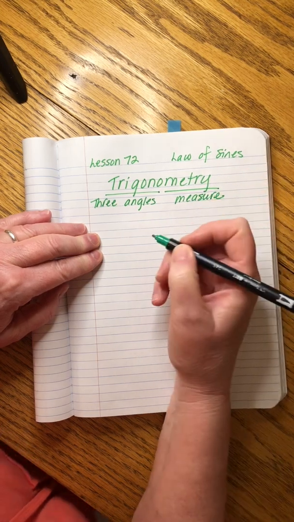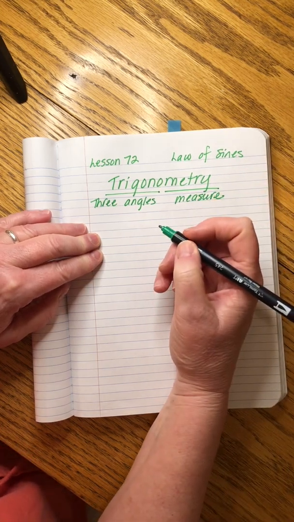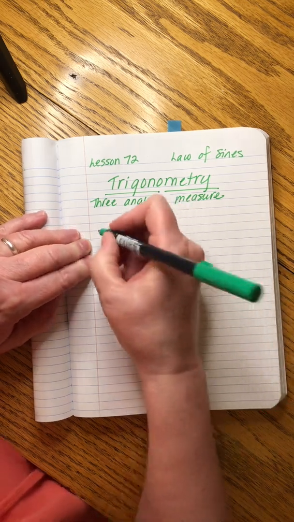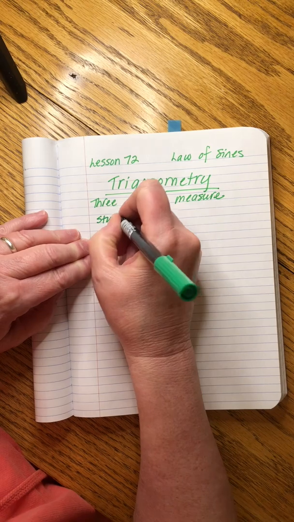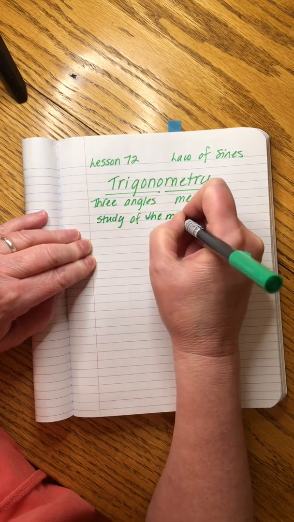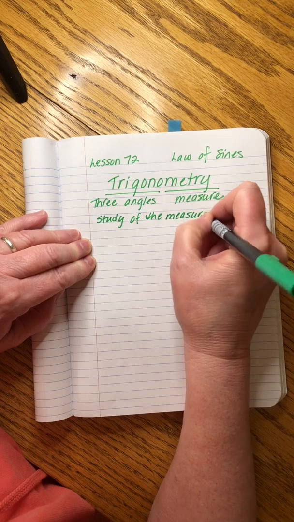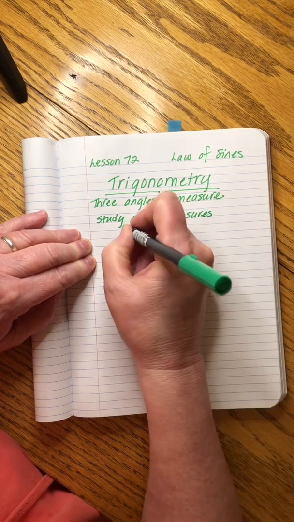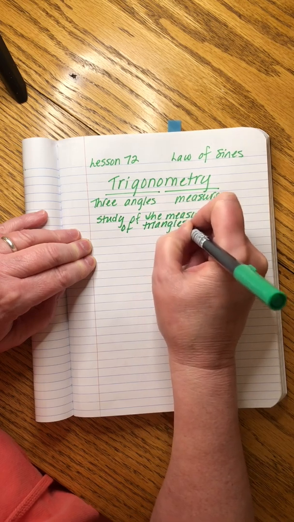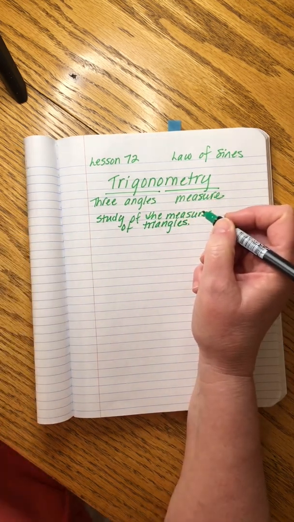Again, this is Greek. And so the two words put together means that trigonometry is the study of the measures of triangles, right? That's what we've been studying for quite some time.